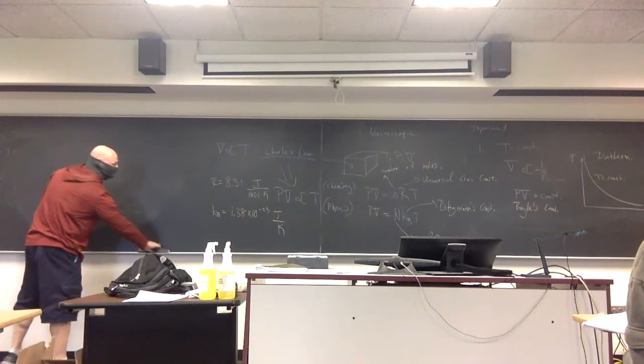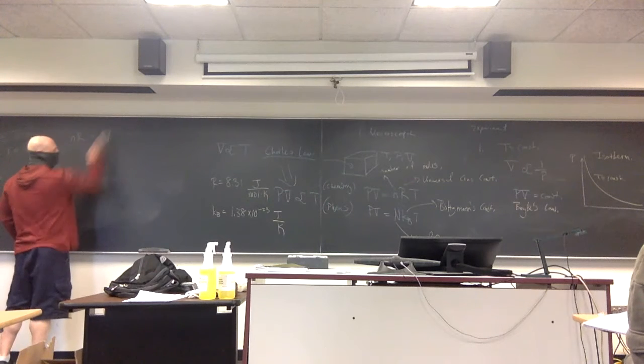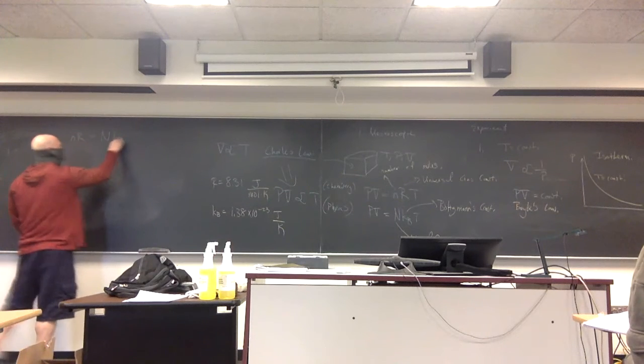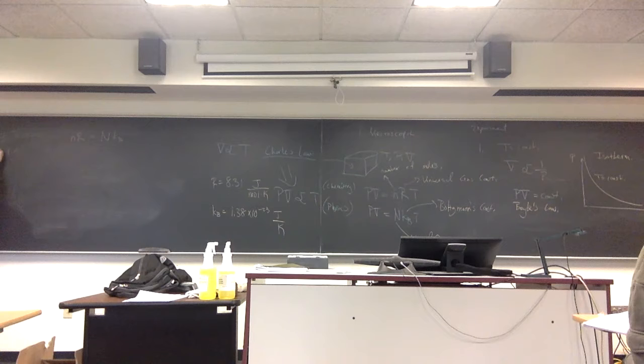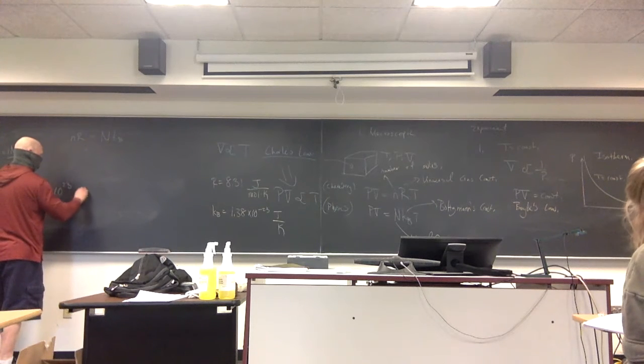So let's talk about each one of them, and we'll make a distinction between each one. So in this case, I have to have that the number of moles times the universal gas constant must be equal to the number of particles times KB. But the number of moles is simply equal to the number of particles divided by what's known as Avogadro's number. So this is how we define the number of moles. The number of moles is the number of particles divided by Avogadro's number, where Avogadro's number is, anybody know what Avogadro's number is? 6.02 times 10 to the 23rd is what?